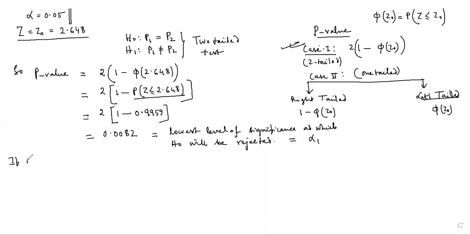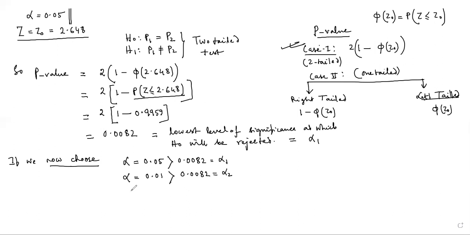If we now choose our alpha to be 0.05, this is definitely greater than alpha 1. If I choose alpha to be 0.01, it is definitely going to be greater than 0.0082, which is alpha 1.